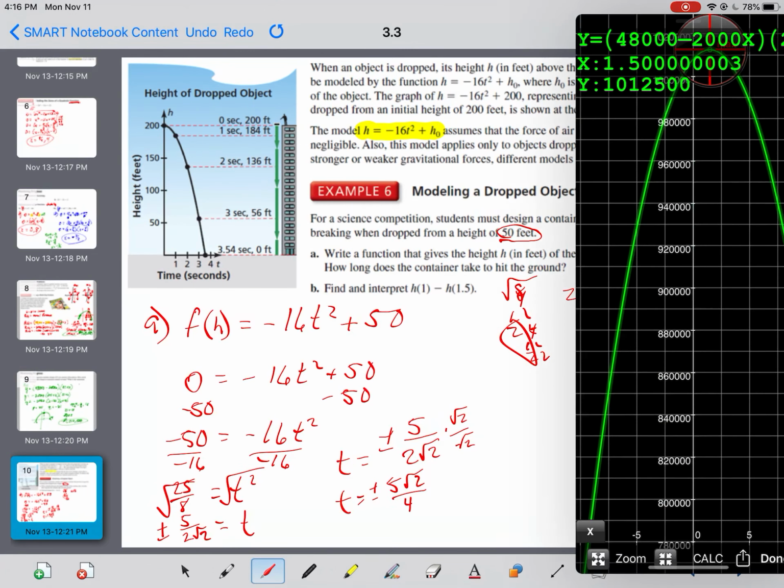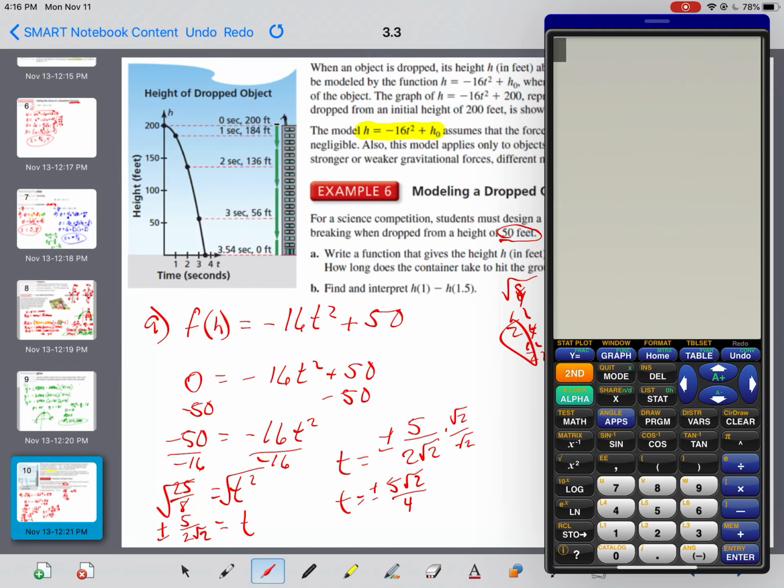So we could plug that into the calculator. 5 times square root of 2 divided by 4 equals about 1.77 seconds.